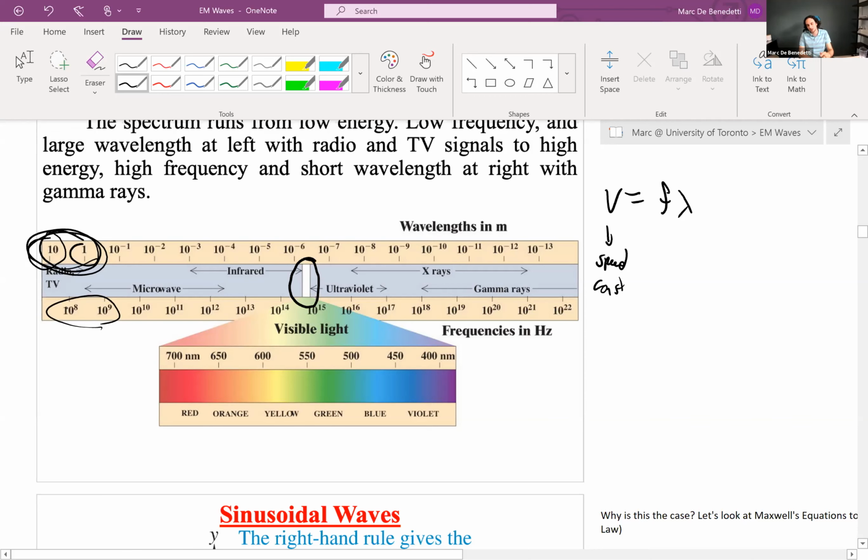I know 10 to the 8 doesn't seem small, but it is relatively small compared to the other frequencies. So the low end of the frequency spectrum is 10 to the 8, which is in and around the megahertz region. Microwaves is what comes next.